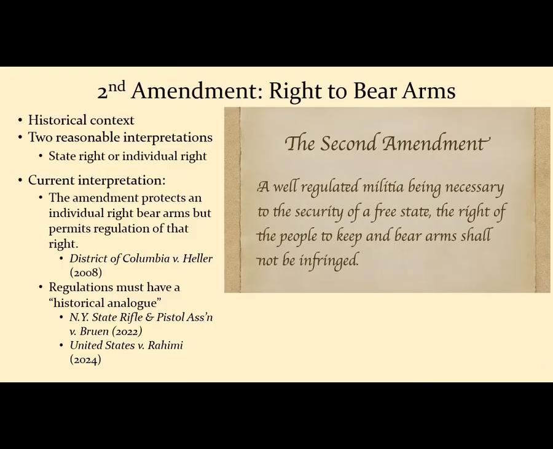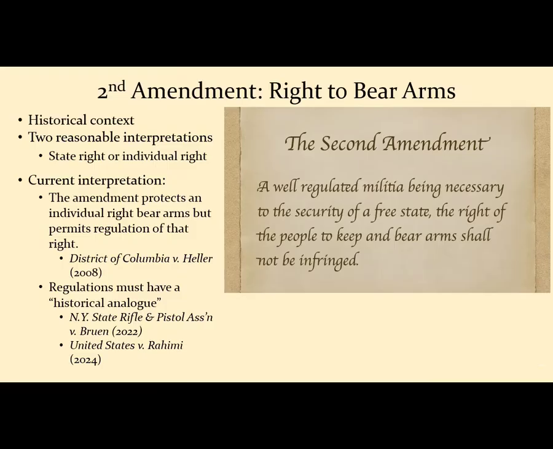The U.S. Supreme Court has twice looked at state regulations on the use and possession of guns, and the courts are going to uphold those regulations where they find, and this is language straight out of the Bruen case, historical analog. So what is a historical analog? What they're doing is looking into the past.